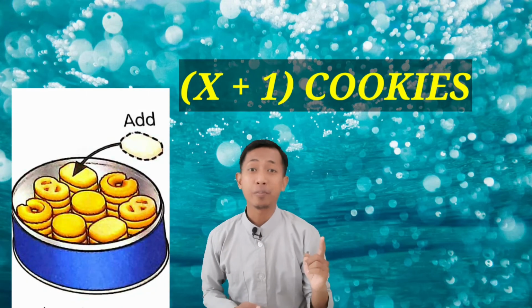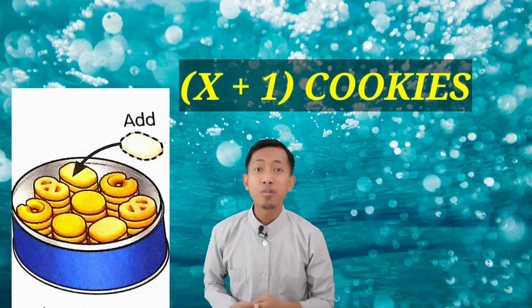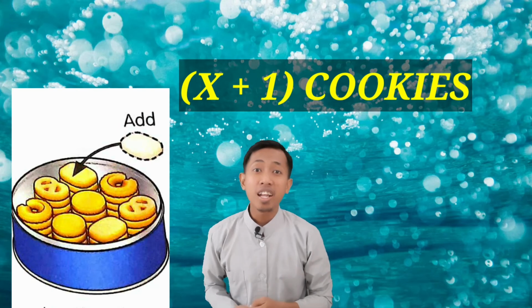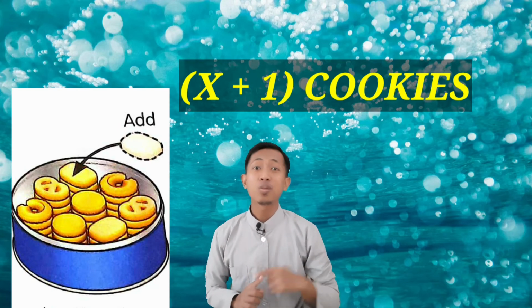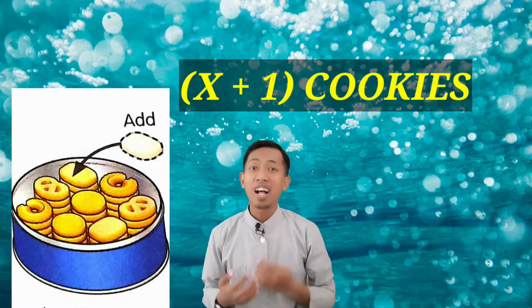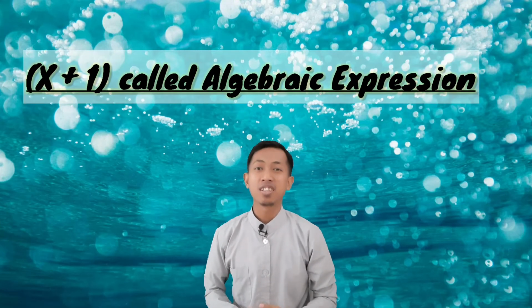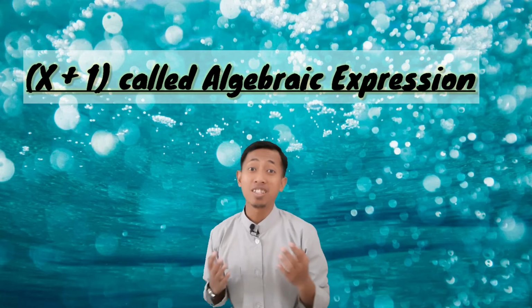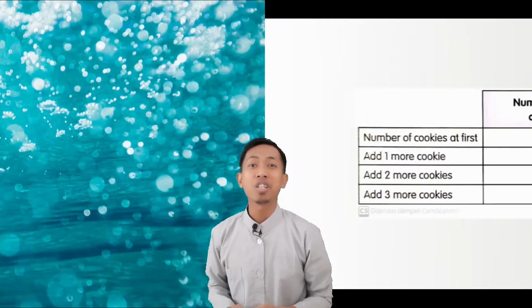In this question, the answer is x plus 1. I repeat once more. The answer is x plus 1. x plus 1 is called an algebraic expression. Do you understand? Okay, let me show you another question.